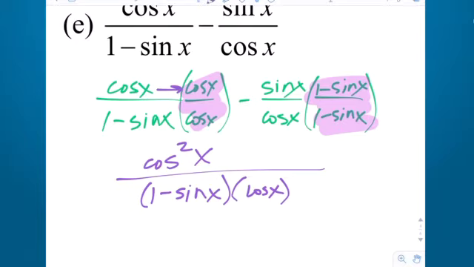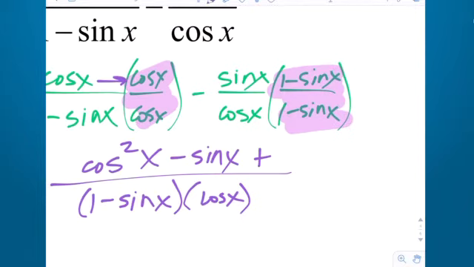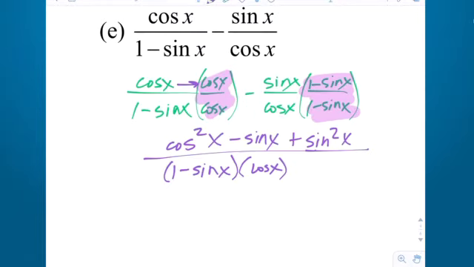I'm actually going to distribute not a sign, but a negative sign, and let the negative be tied to the numerator. So a negative sign times the 1 is negative sine of x. And what's a negative sine of x times a negative sine of x? Positive sine squared of x. Okay? This negative right here can really derail you if you don't take it into consideration.